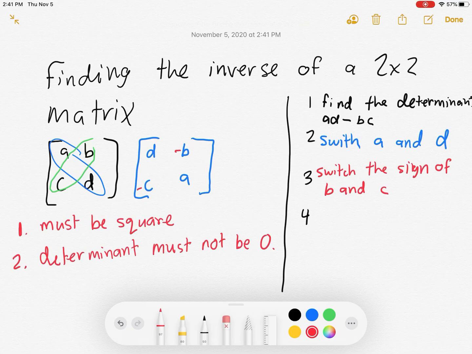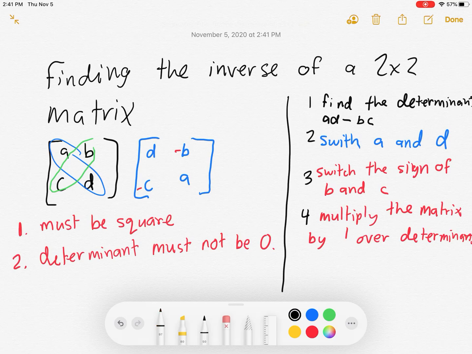The last thing you've got to do is go ahead and multiply the matrix by 1 over determinant. So your final answer will be 1 over the determinant multiplied by that matrix.